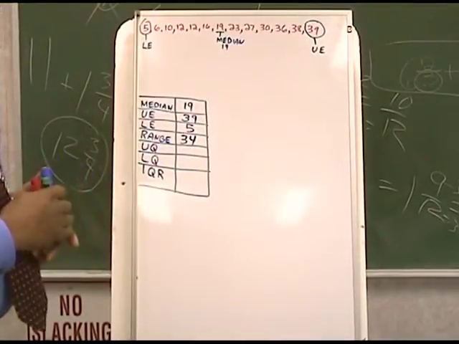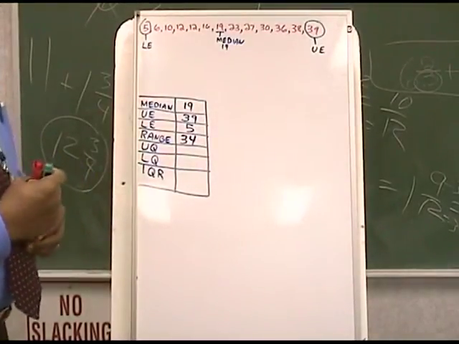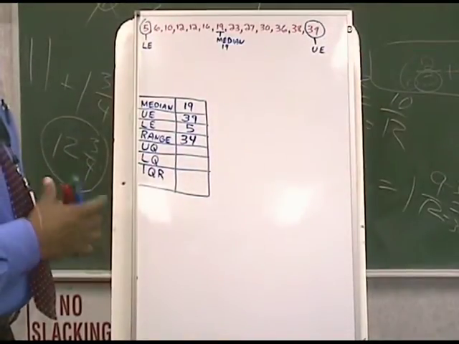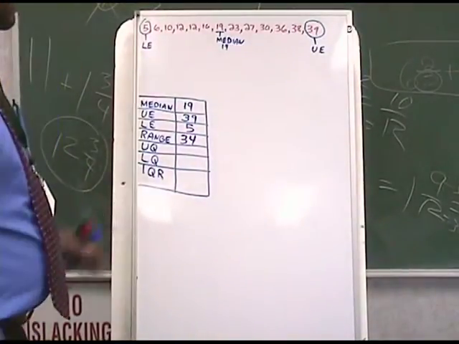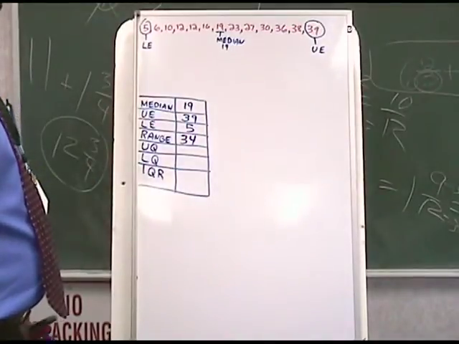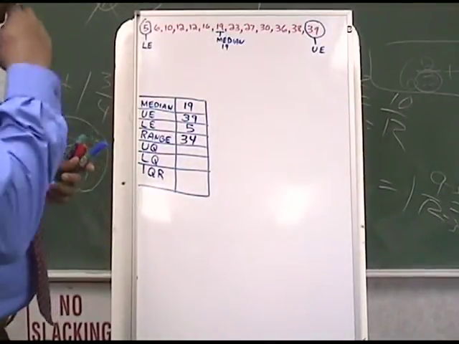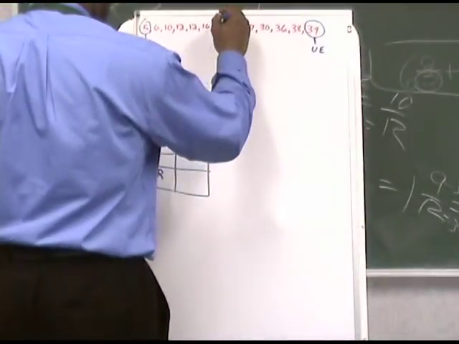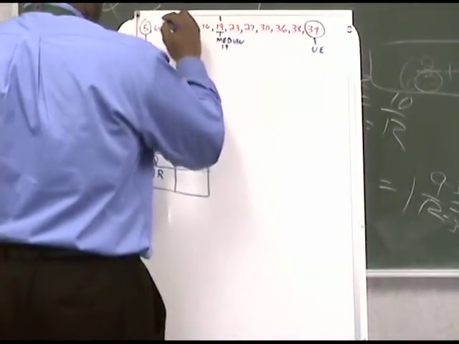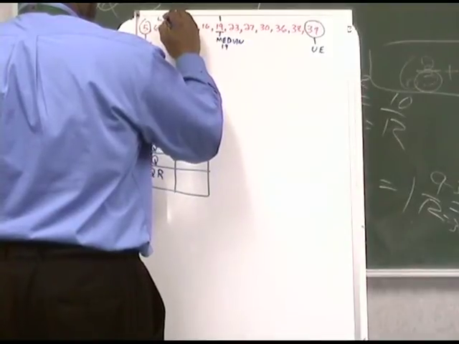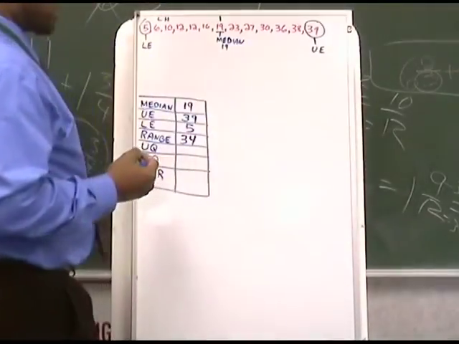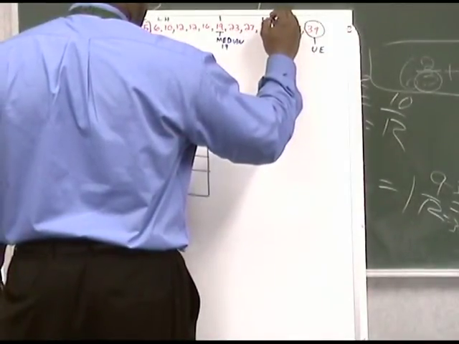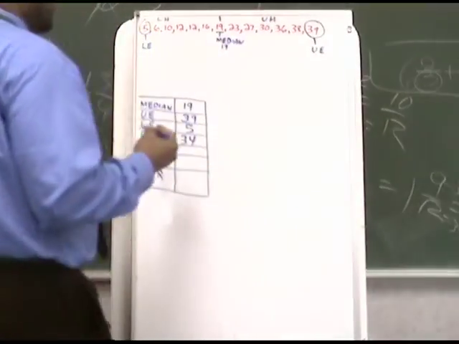Now, when you're dealing with box and whisker plots, your data needs to be divided in two. The way that you divide this data in two is by the median. So you have a lower half, which we're going to call LH, and an upper half, which we call UH.